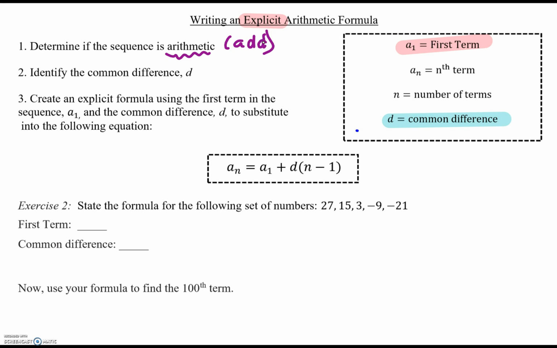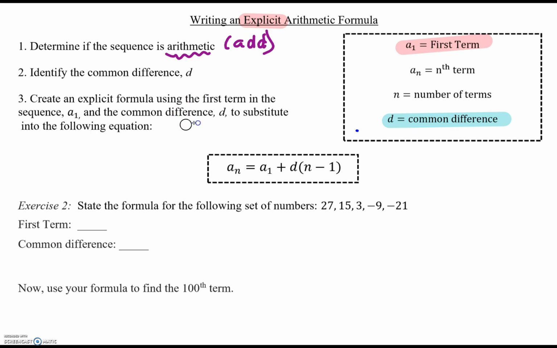Once you determine that something's arithmetic, you need to identify your common difference, which again is noted with the letter d. Once you have your common difference and the first term, you're going to substitute it into the equation that they actually give you on your Algebra 1 reference sheet. So a sub n equals a sub 1 plus d times n minus 1.